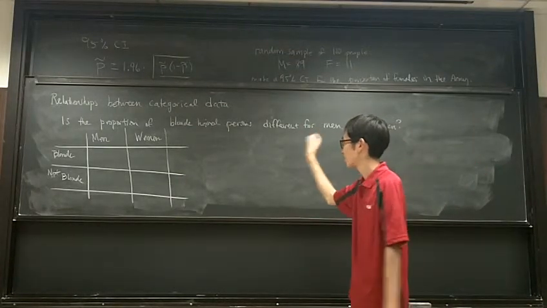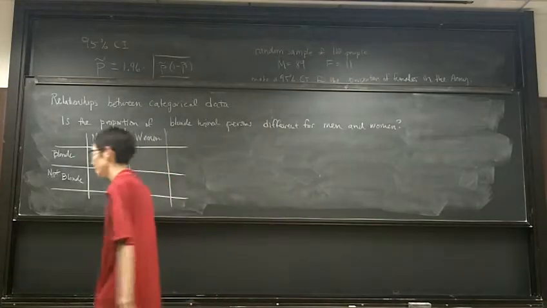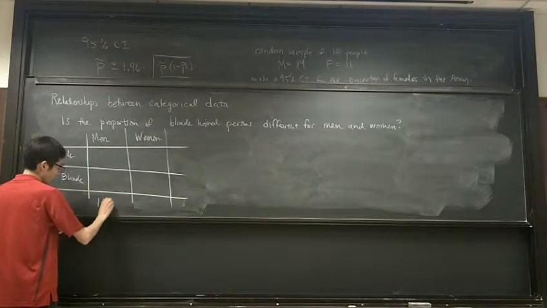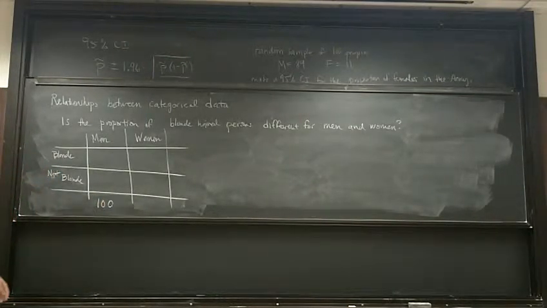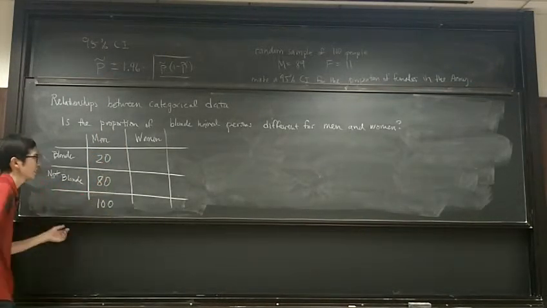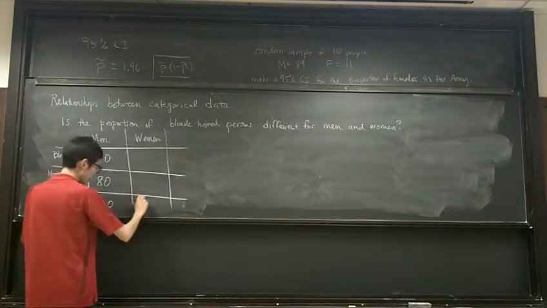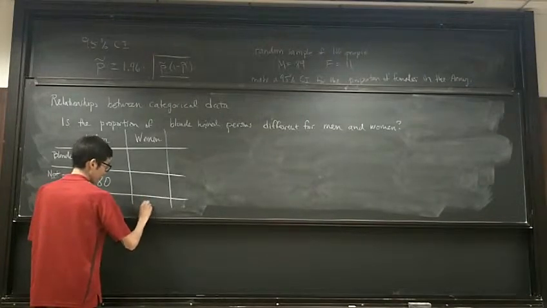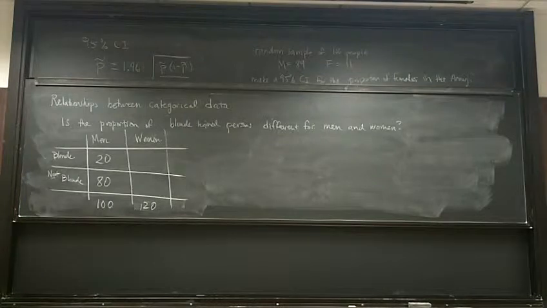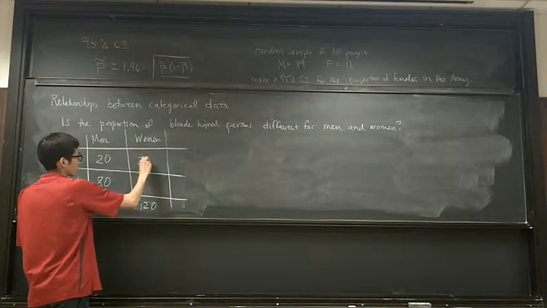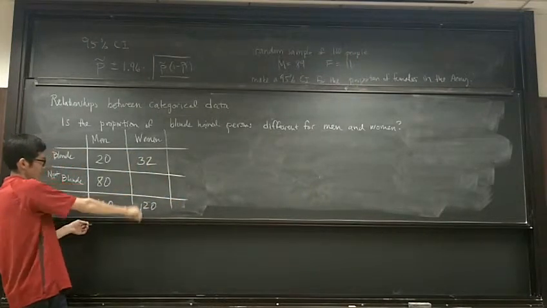Alright, so then, okay, how many men did we observe? Okay, 100. And we will say 20 and 80. And then let's say 20 women and a total of 32 and what is that?